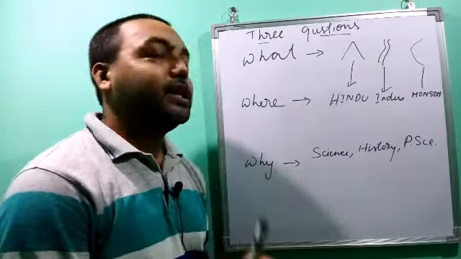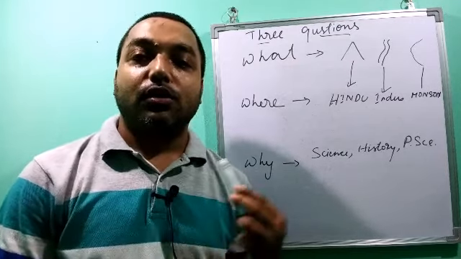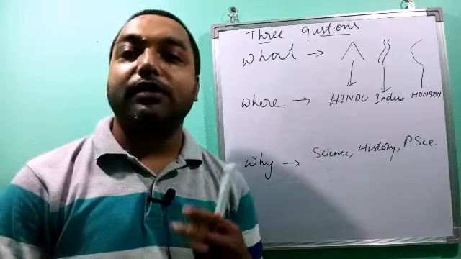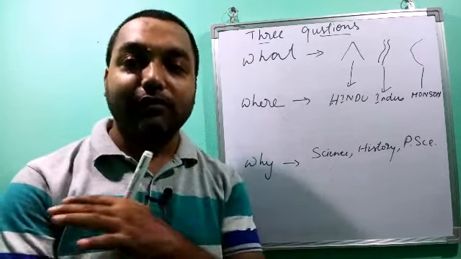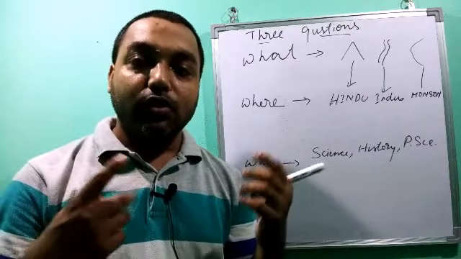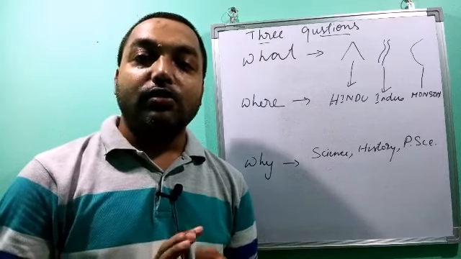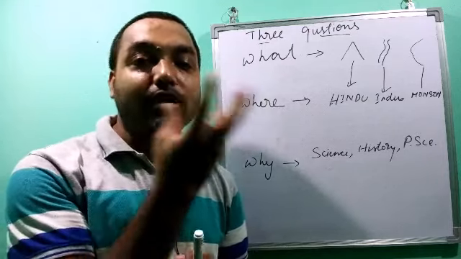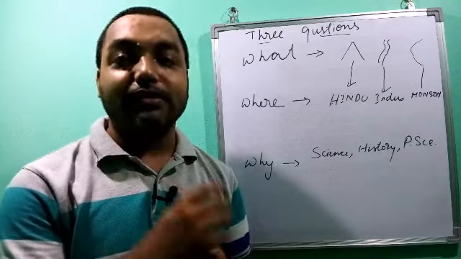So let us move to the next part: the three questions that are always related with geography. These three questions have made the scope of geography very large. At the initial stage when geography first started, travelers used to move from one place to another and find out things.